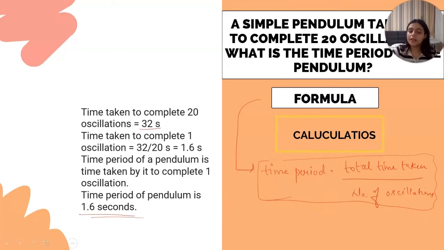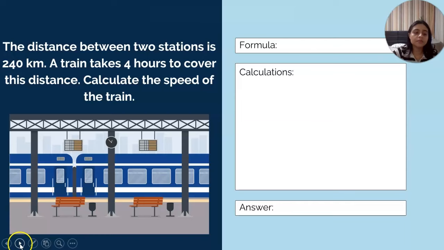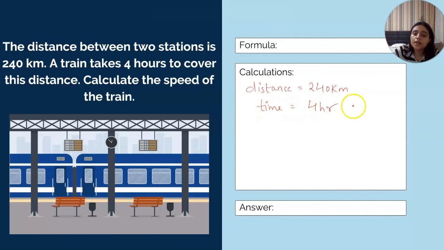You need to put the data inside this formula and you will get the answer. Let's see the second question. Here it says that the distance between two stations is 240 kilometers. So you need to mention first the distance which is given, 240 kilometers. And then a train takes 4 hours to complete the distance. So the time is already given to you, which is 4 hours. You need to calculate the speed.